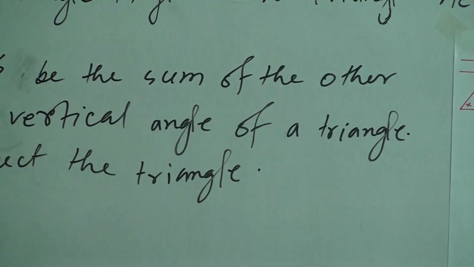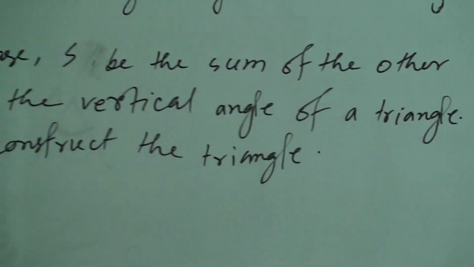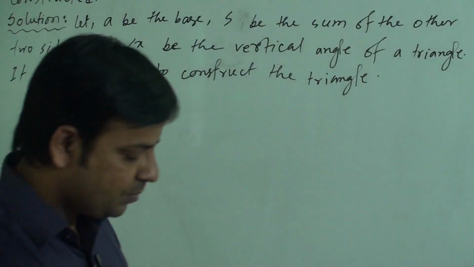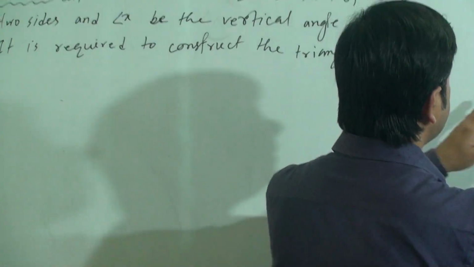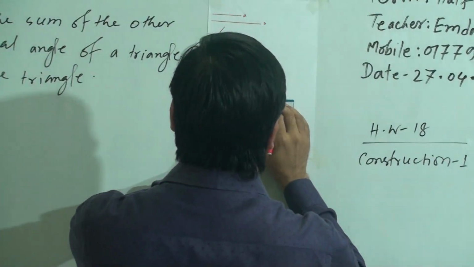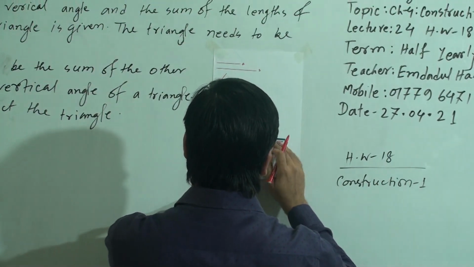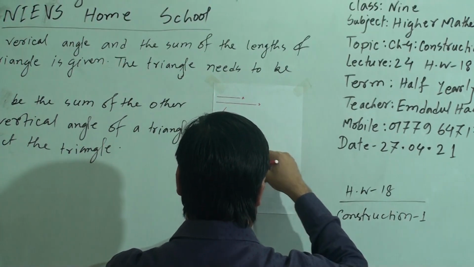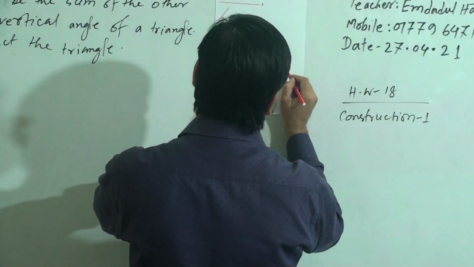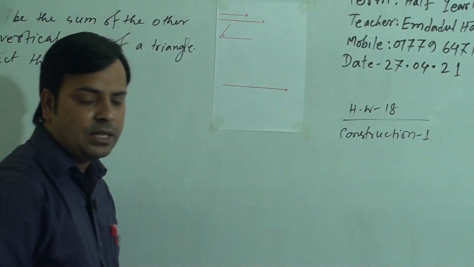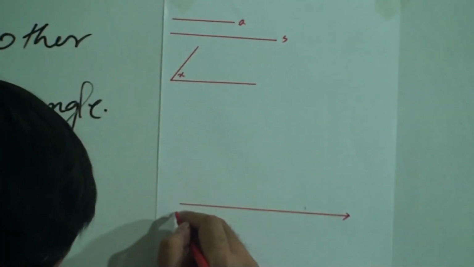Dear students, so I have written the given information here. Now I will construct the triangle. So look at the board. At first take a ray. You can denote the ray by DE.